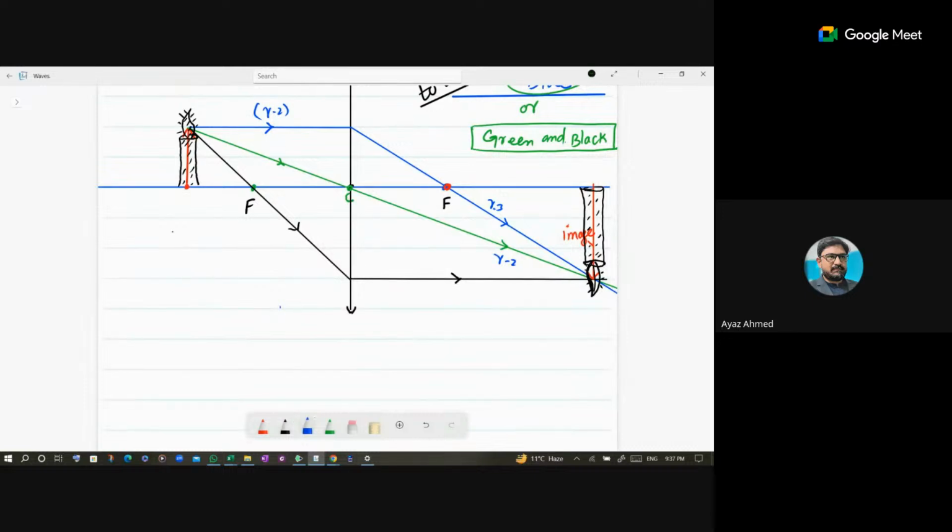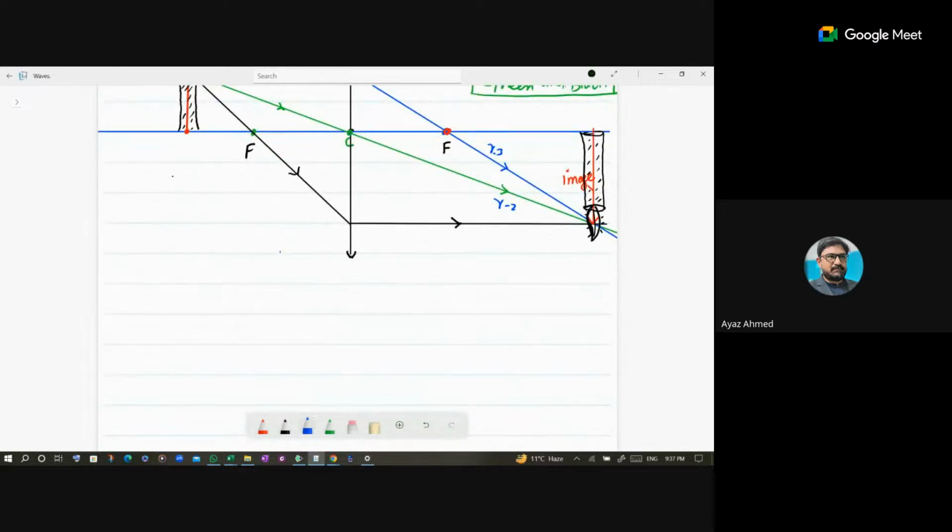Yes. Yeah, clear. Okay, then the properties of the image formed over here. This is a very important question, for an image formed by a converging lens.